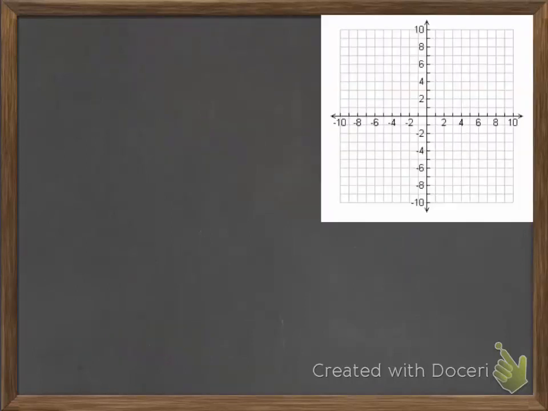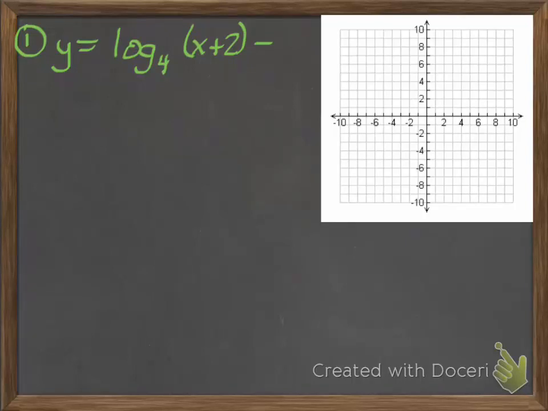So if I give you the equation y equals log base 4 of x plus 2 minus 3, we're going to go through and identify each piece that we can find.